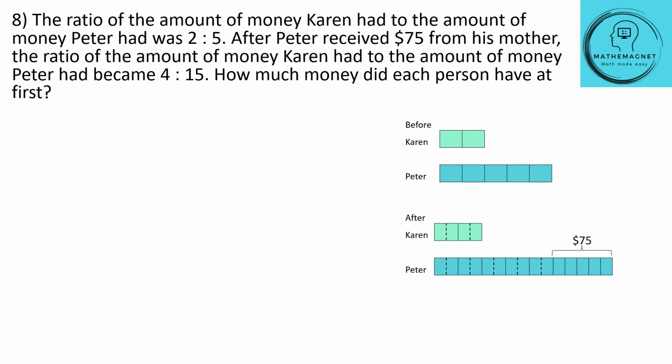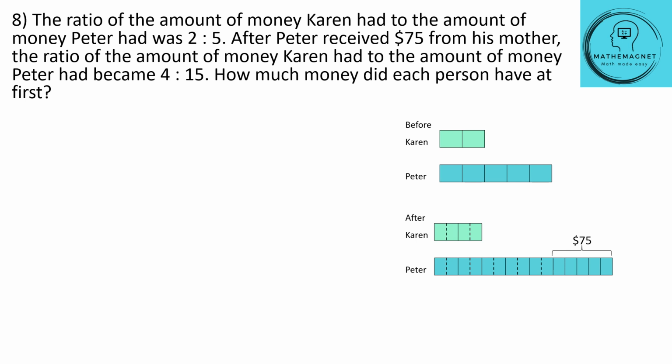Now after Peter received $75, the ratio became 15 units. So instead of becoming 10 units, it has become 15 units for Peter, because in Karen the value remains the same, but instead of 2 it became 4, which basically means we are splitting each unit into 2 parts. So the same is applied for Peter as well.